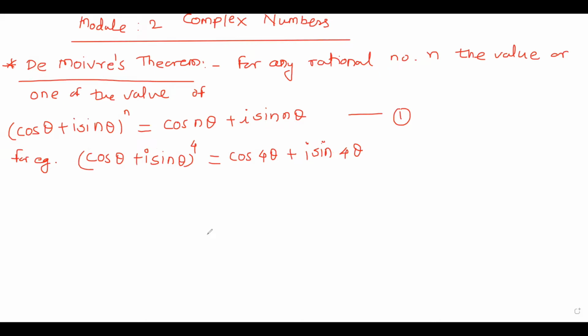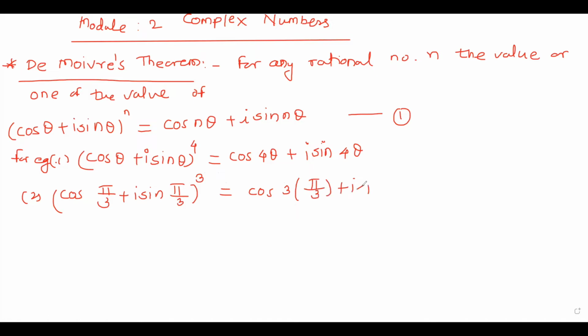Similarly, cos of pi by 3 plus i into sine of pi by 3 raised to 3 is nothing but cos of 3 into pi by 3 plus i into sine of 3 into pi by 3. As you can see, we can cancel 3 and 3.